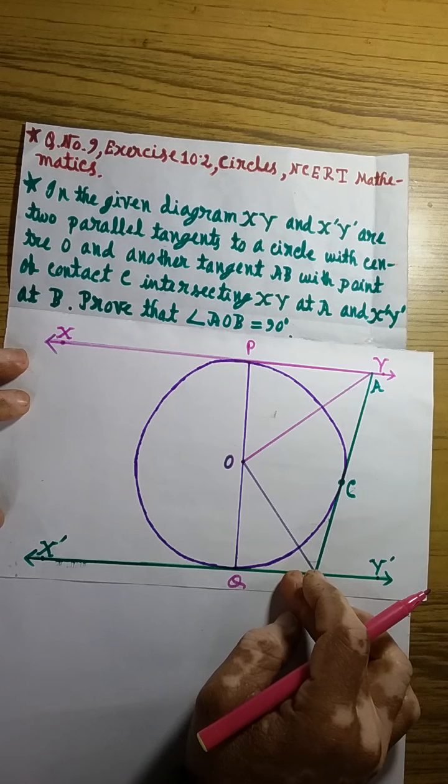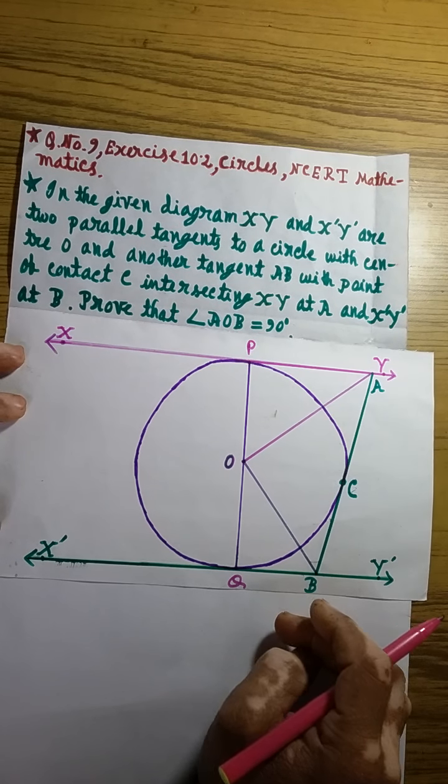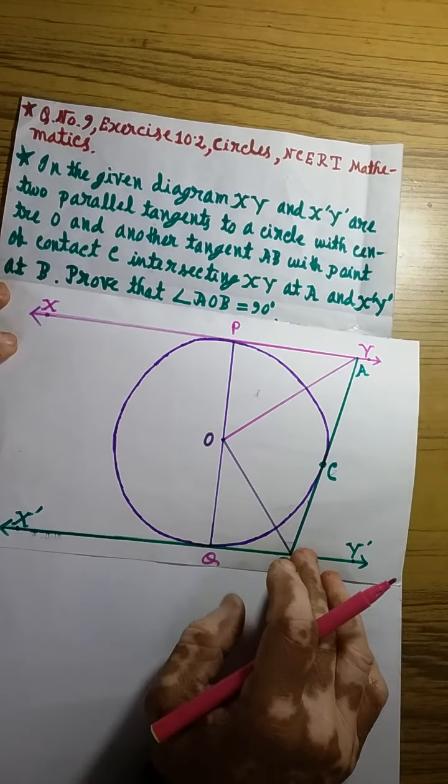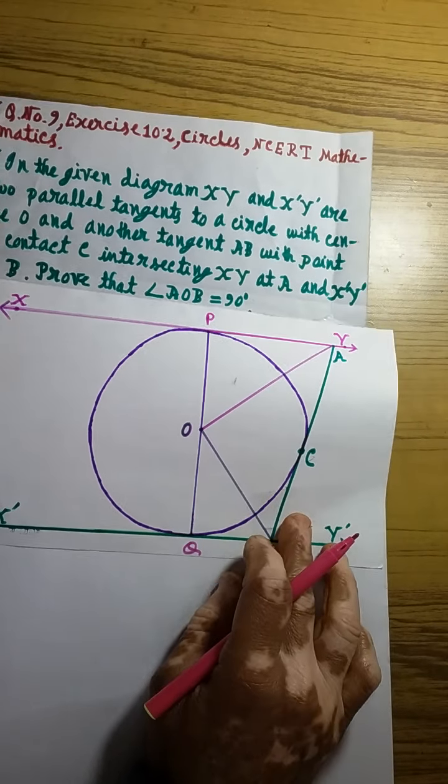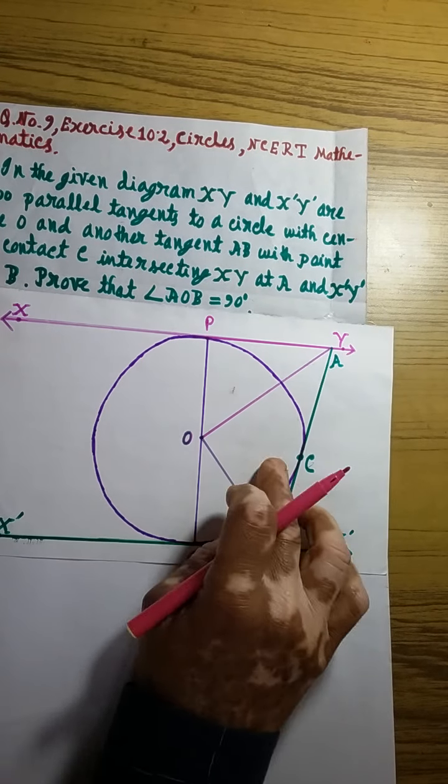Number two, if two parallel lines are cut by a transversal, then the sum of the measures of the two interior angles on the same side of the transversal is equal to 180 degrees. So to do this sum, let us join these two points O and C first.